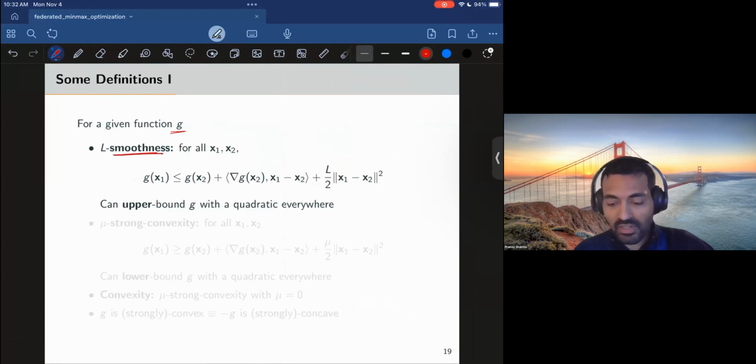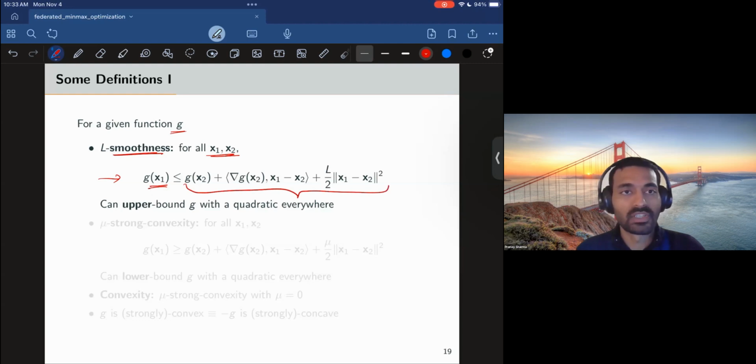If the function is L-smooth, one of the possible definitions is that given any 2 points, x1 and x2, this inequality is satisfied. What this inequality is saying is that at any point x1, we can always upper bound the function by a quadratic.